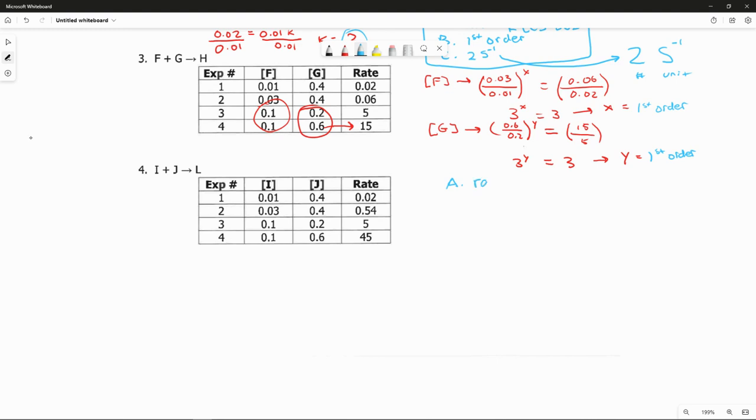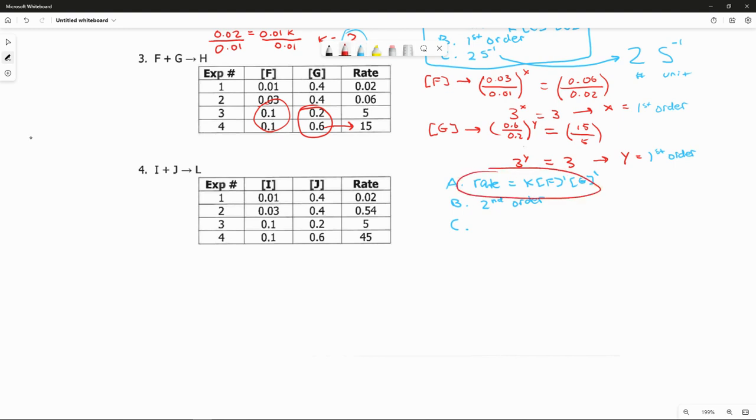So rate equals K times the concentration of F to the first order, and G to the first order as well. And that is our rate law equation. B states that we want the total overall order for the reaction. 1 plus 1, since it's adding all the orders up, is 2. So second order overall.